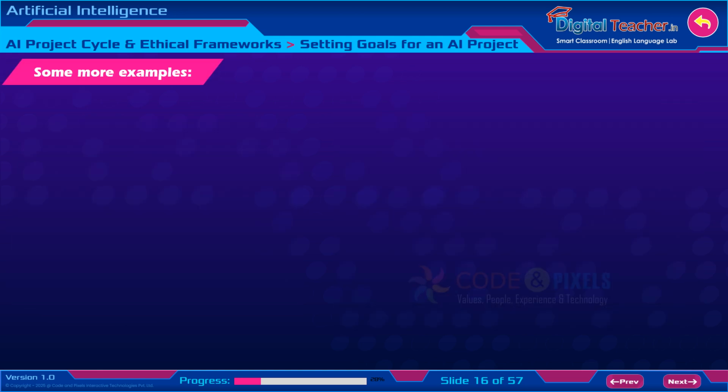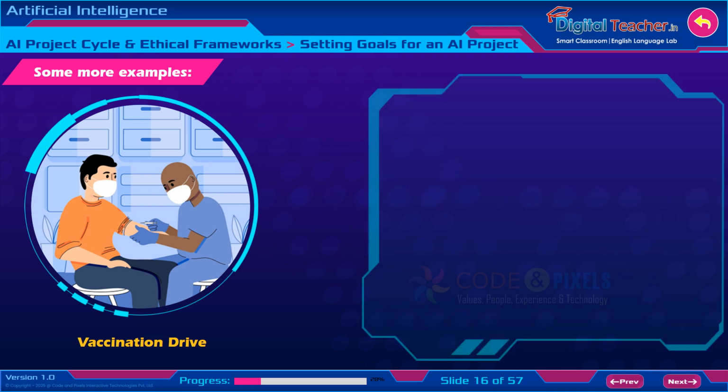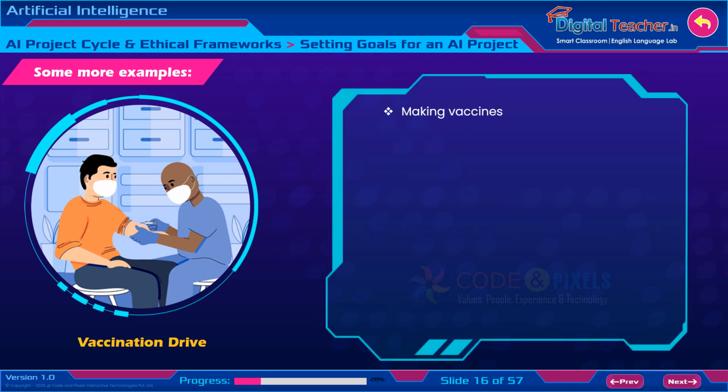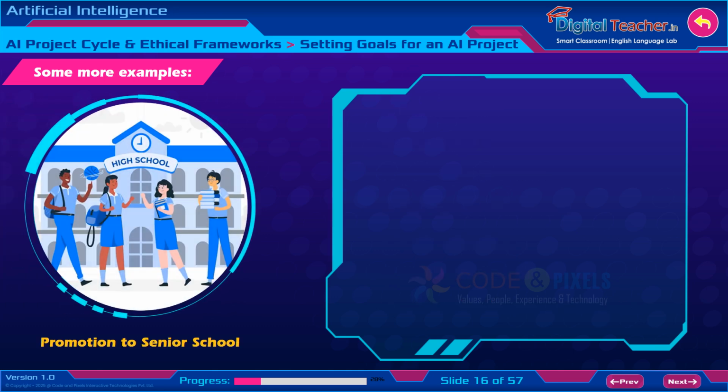Some more examples. Theme: vaccination drive. Making vaccines, ordering them, sending them to places, finding vaccination centers, online registration, giving appointments, giving different types of vaccines, etc. Theme: promotion to senior school.